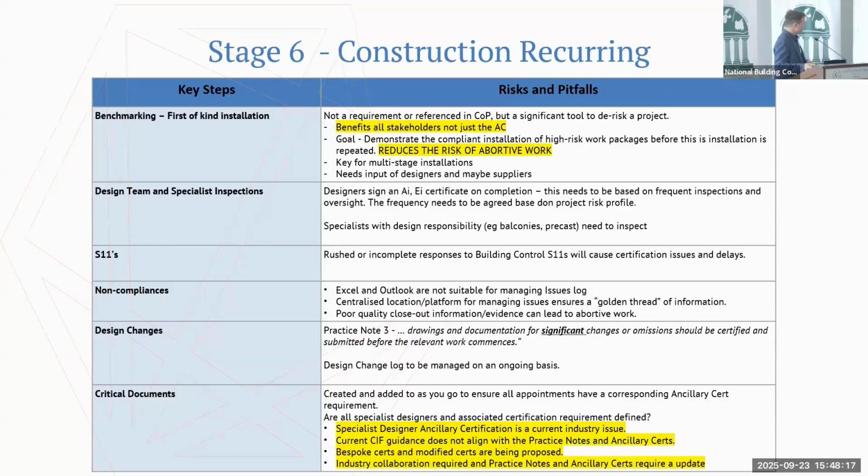During the construction stage, you might come across some Section 11s as well. In terms of a risk and a pitfall here, in our experience, if you get one of those, you drop absolutely everything and you give it 100% of your attention. Do not send something back that is designed just to buy you time, or that responds to only part of that Section 11.